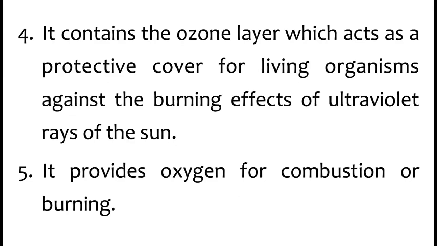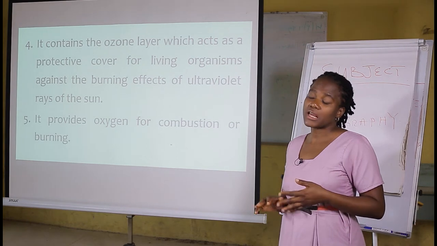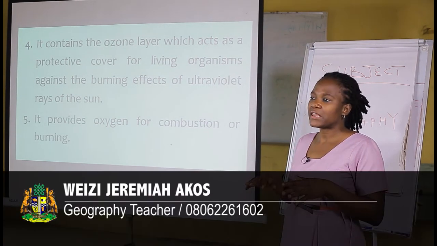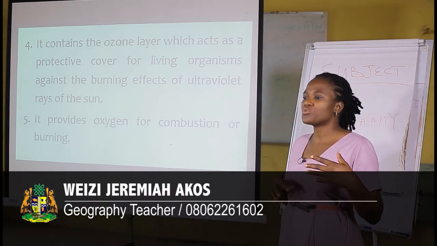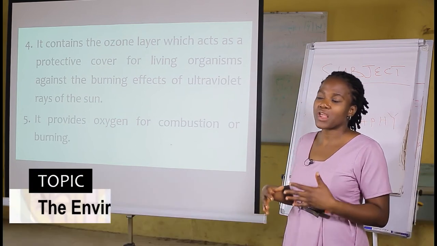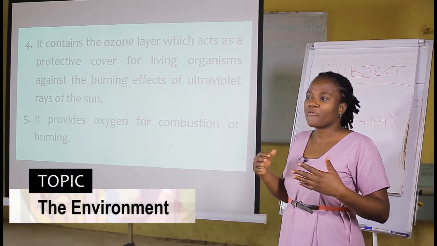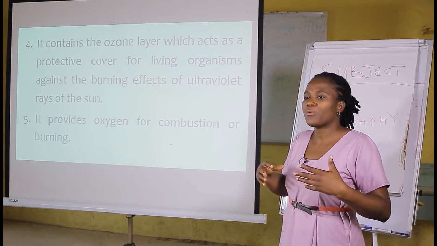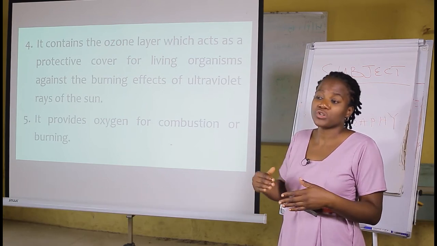Four, it contains the ozone layer, which acts as a protective cover for living organisms against the burning effects of ultraviolet rays of the sun. The ozone layer is a combination of gases that form a thick covering so that we do not receive the direct rays of the sun. Sometimes we hear of people having skin cancer in some regions of the world.